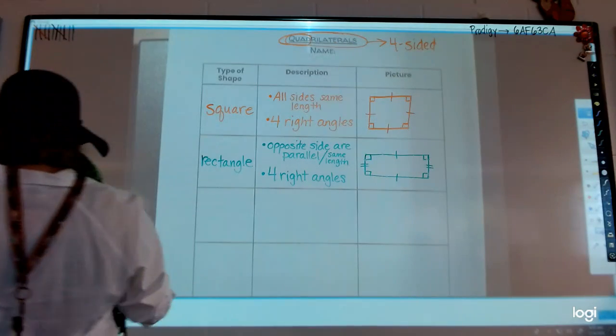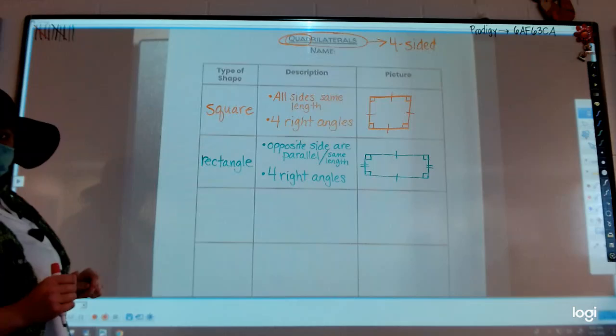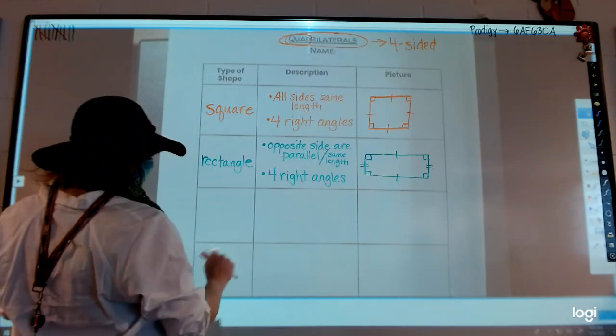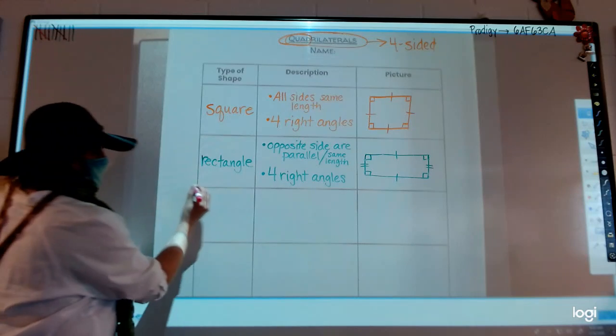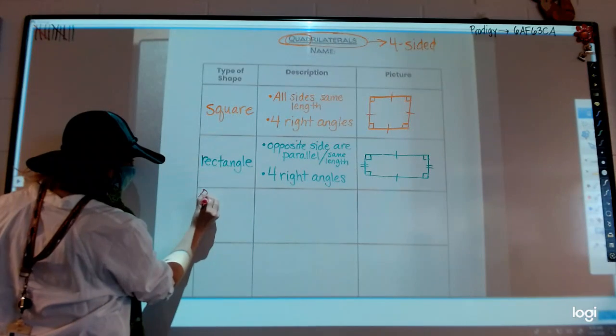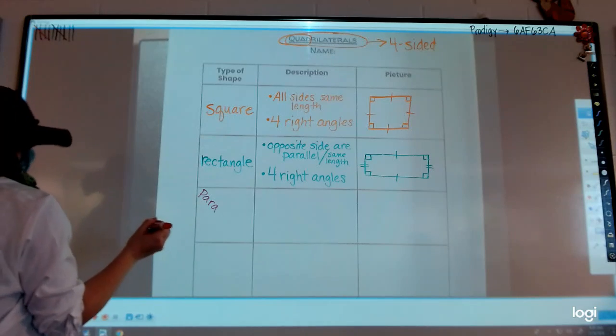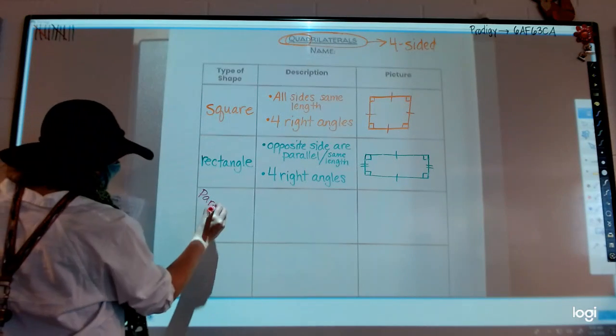Our next shape is parallelogram. So I'm going to write mine diagonally across, or this way. It's a long word, okay? I want to make sure I spell it right. Sometimes I spell this wrong.